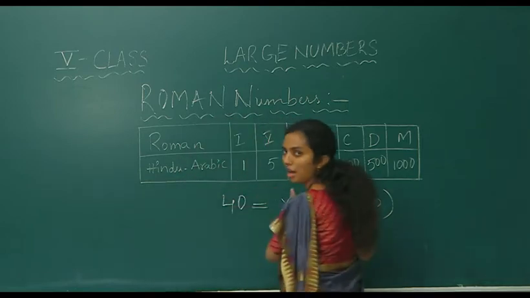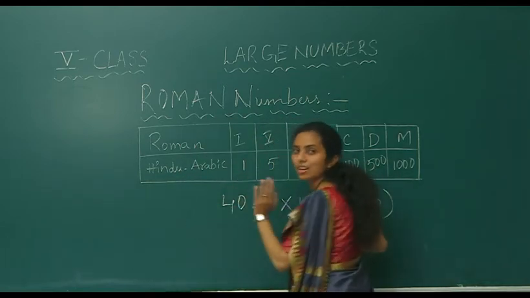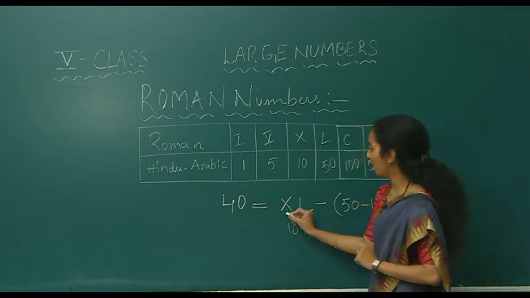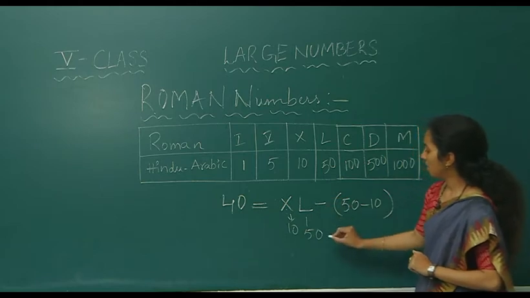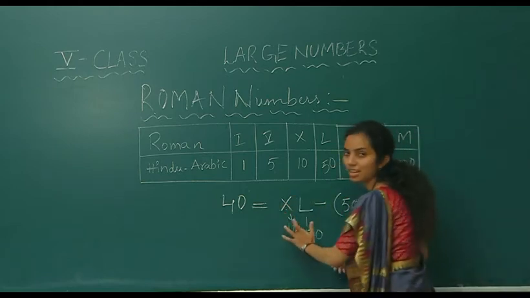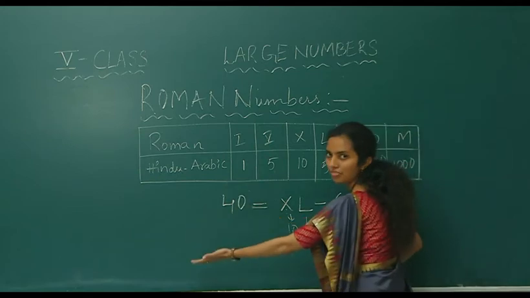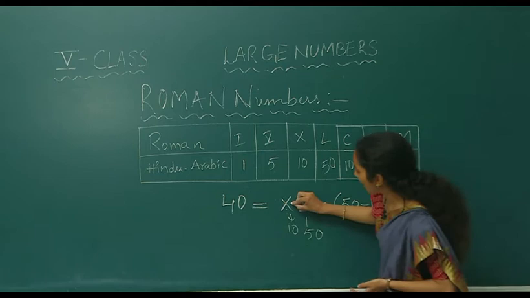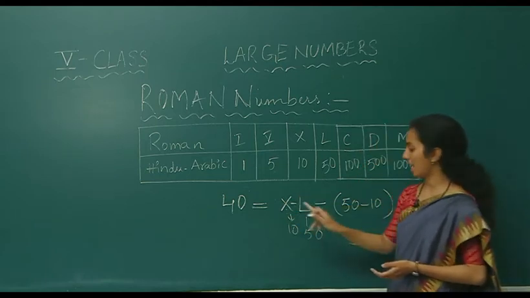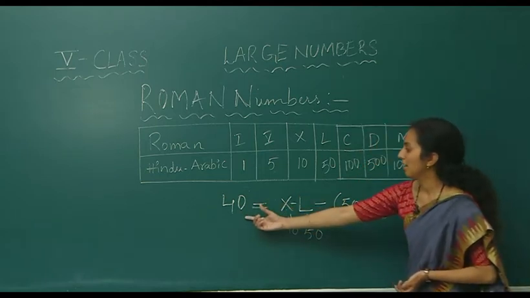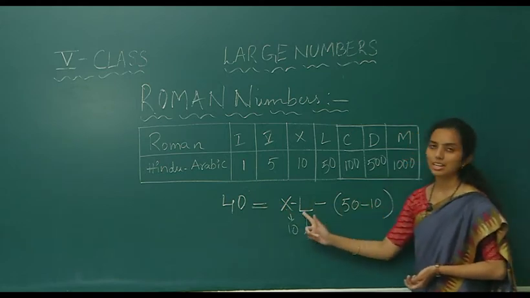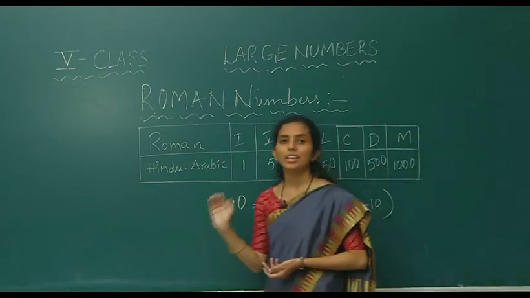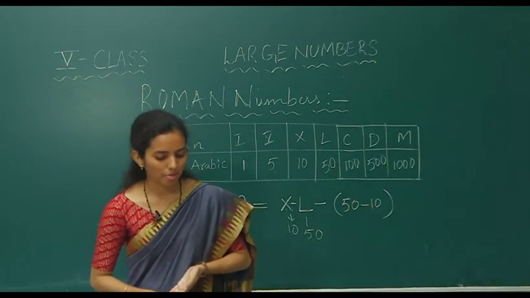If we write a number to its left side, that means it is subtraction. X value is 10, L value is 50, but where did we write X here? We wrote X to the left side, before L. Indirectly it conveys that we have to subtract. So writing 40 is 50 minus 10, that is XL, that means L minus X. Automatically this is understood in the Roman number system.